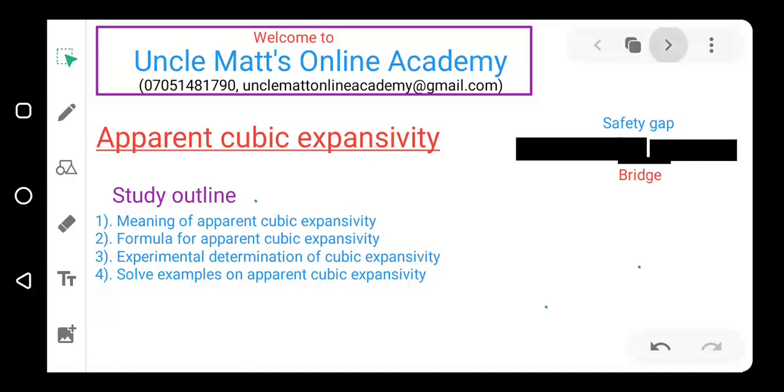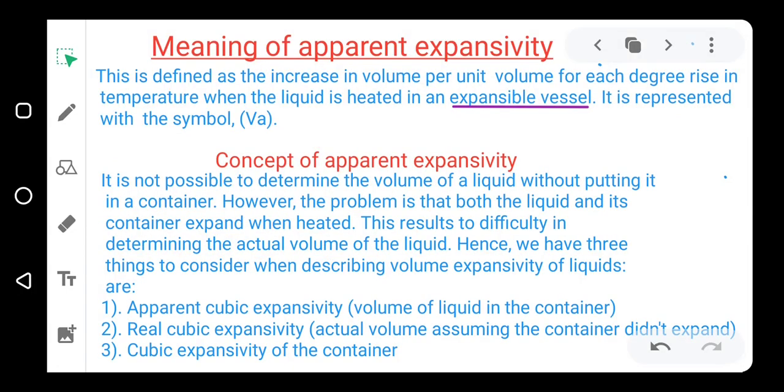So in formal definition, we define apparent cubic expansivity as the increase in volume per unit volume for each degree rise in temperature when the liquid is heated in an expansible vessel.